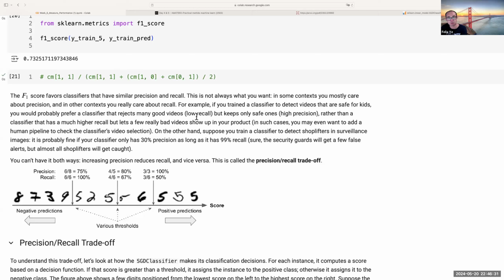That means it has a low recall, but keeps only the safe ones with high precision. So I will probably set the threshold a little bit higher to ensure we have better precision, but I'm okay with low recall. That means I'm going to filter out a lot of videos, but I want to ensure 100% that the videos I send to kids are 100% safe.